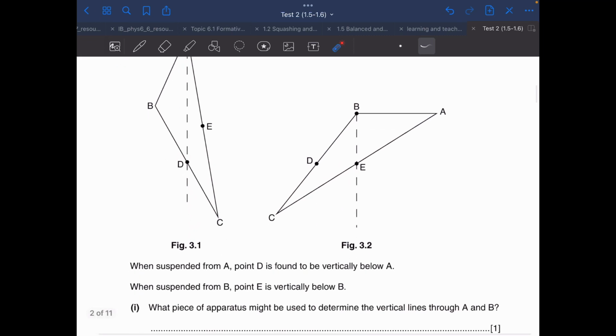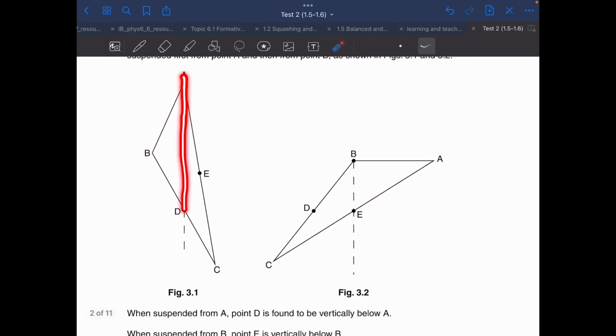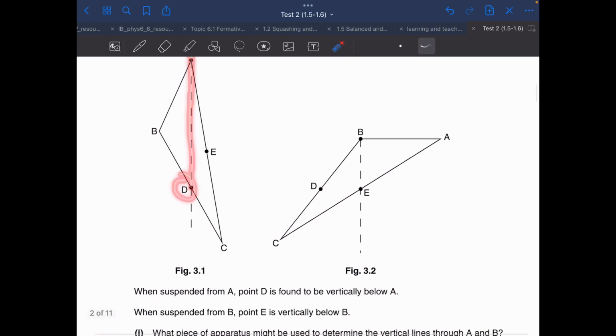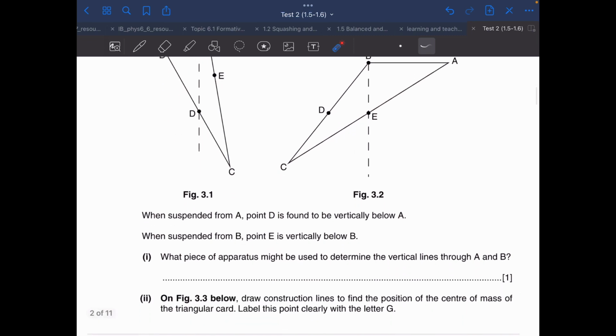When suspended from A, point D is found to be vertically below A. So you can see this line here, we find point D. When suspended from B, point E is found to be vertically below B. What piece of equipment or apparatus might be used to determine the vertical lines through A and B?